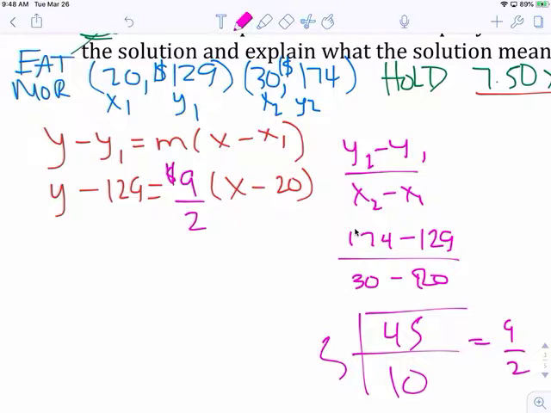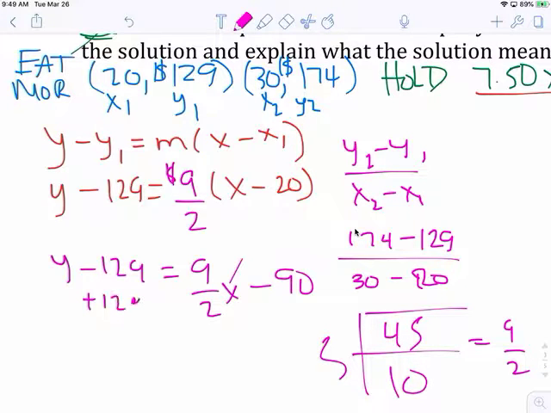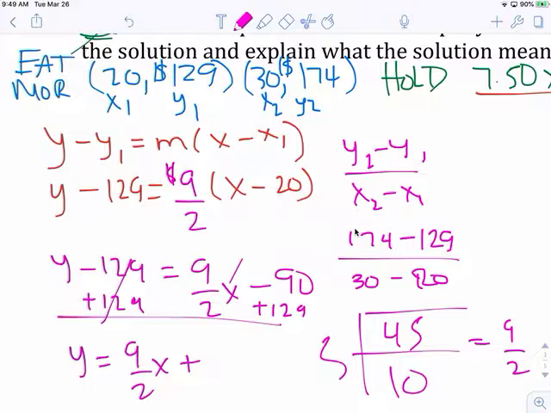Okay, so you get y minus 129 equals 9 over 2 x minus 90. Add 129. Y equals 9 over 2 x plus 39.